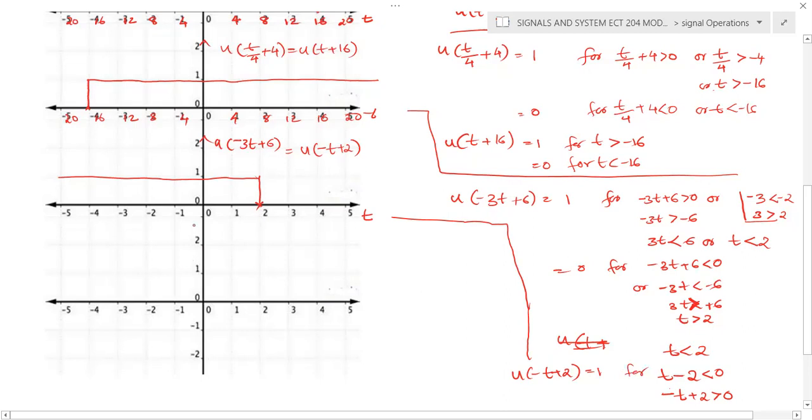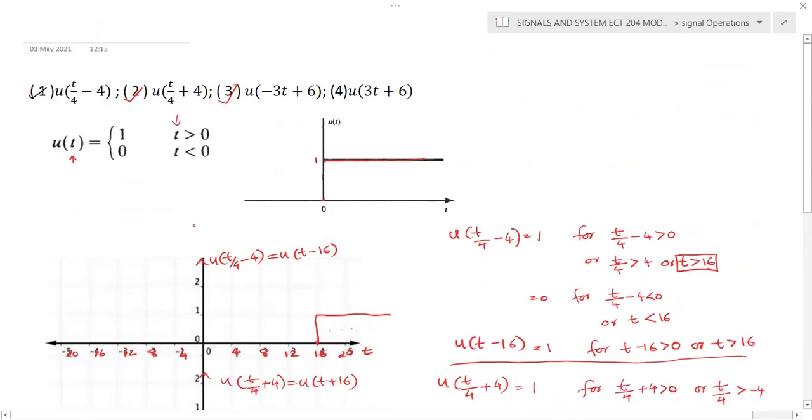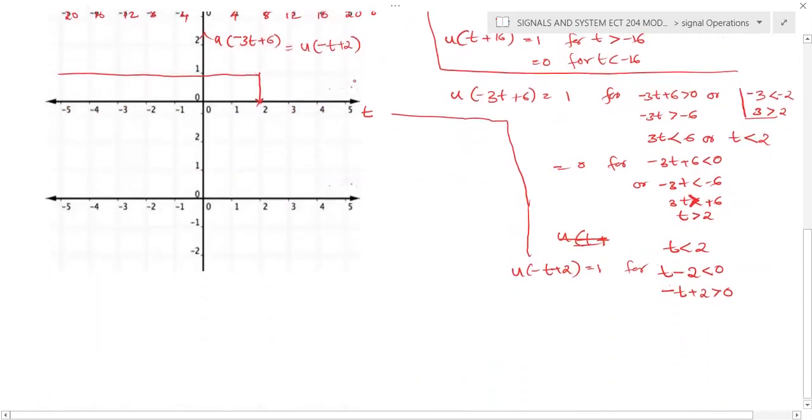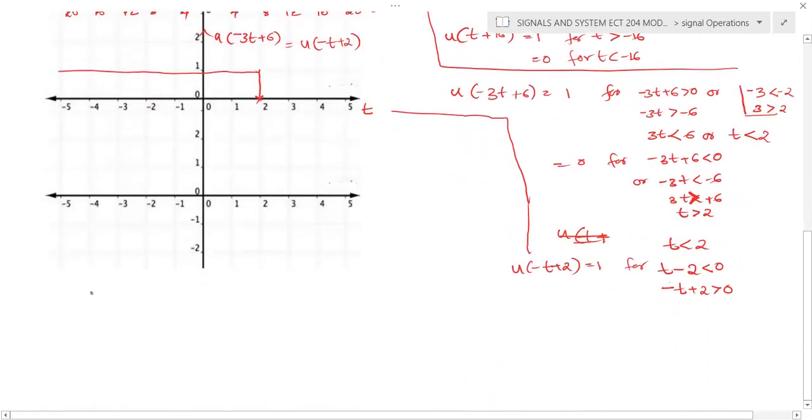Now we need to try the fourth question. This is u of 3t plus 6, which is equal to 1 for 3t plus 6 greater than 0, or if you rearrange this 3t greater than minus 6, or t greater than minus 6 by 3, which is equal to minus 2.